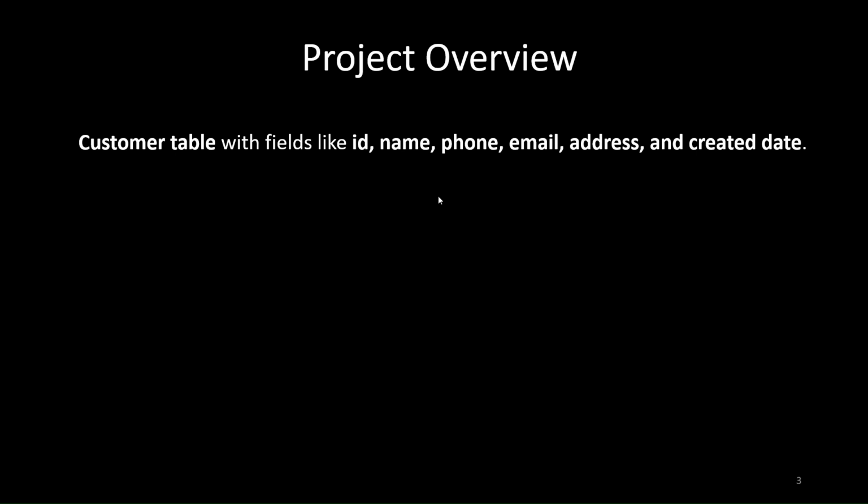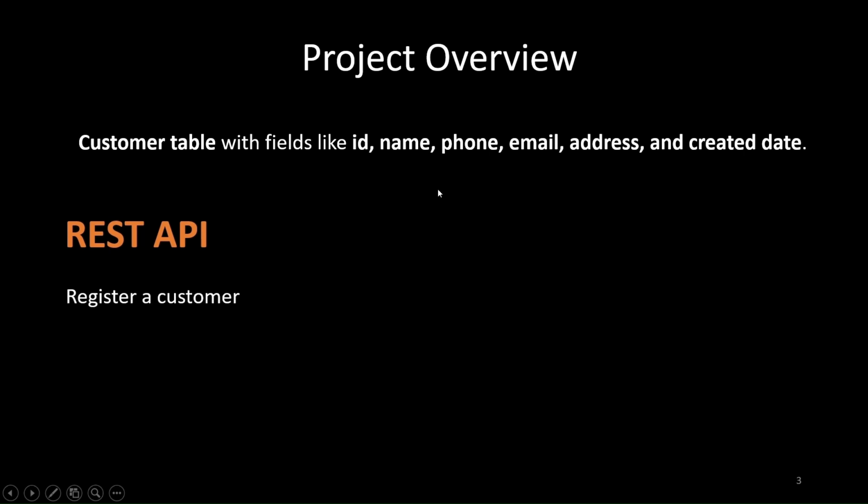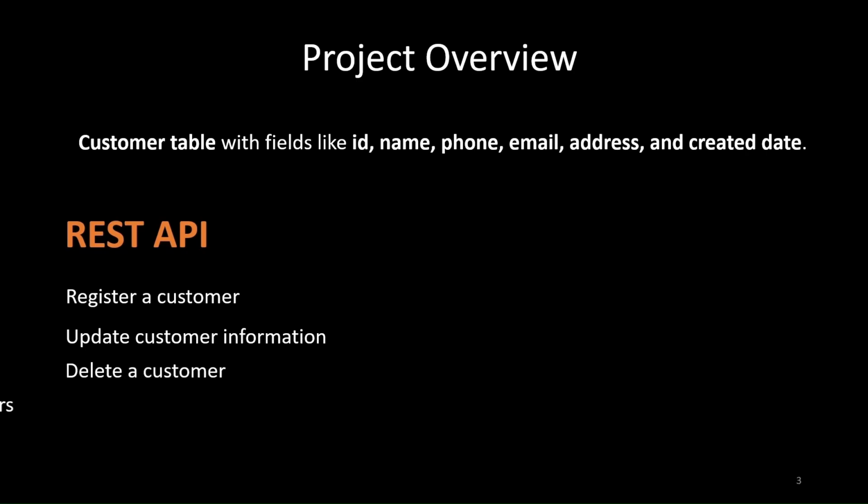Then we will build REST APIs to register a customer, update customer information, delete a customer, and fetch all customers. We will also create other APIs like search by phone number, mobile number, or email. We'll test all APIs using Postman.